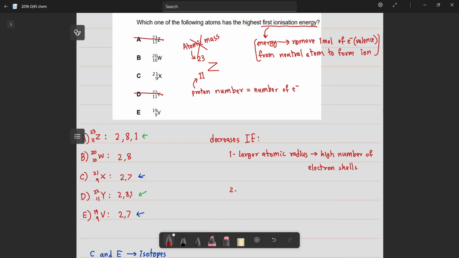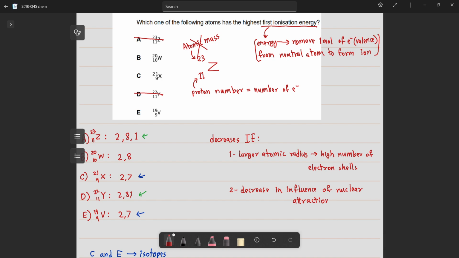And number two, they have a decrease in the influence of effective nuclear attraction.